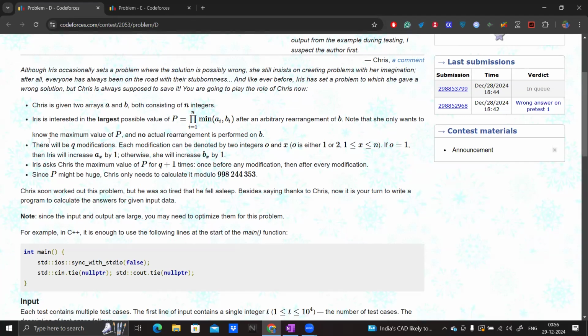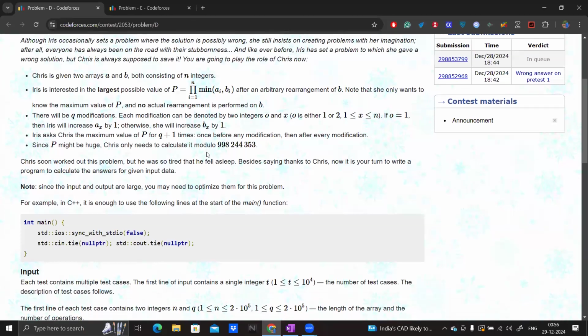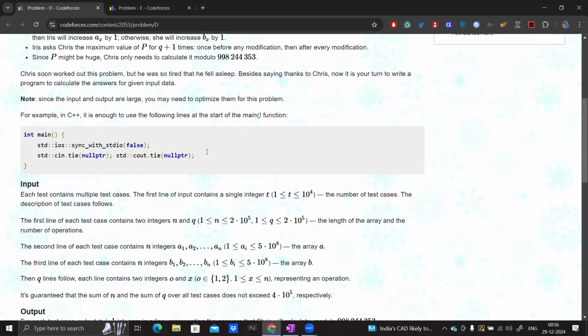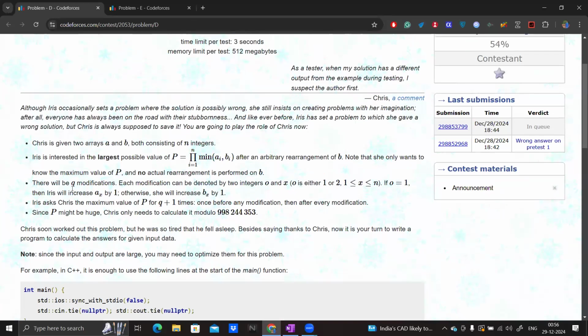Then there will be Q modifications. Each modification can be denoted by two integers O and X. If O is 1, then Iris will increase A_X by 1. Otherwise, she will increase B_X by 1. So basically, initially we had two arrays A and B, and there are some queries. In the queries, they are increasing an element of either array A or array B by 1.